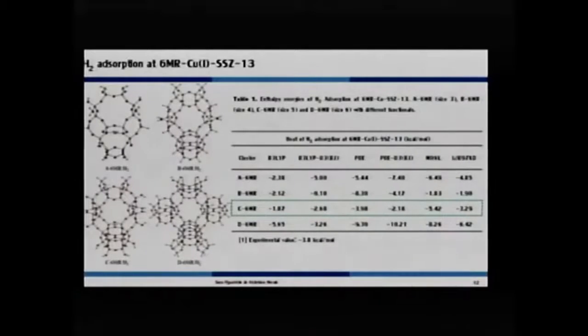The experimental value is 3.8, and we get the best results for the size 5 cluster. B3LYP was the best functional because it had fewer fluctuations in the heat of adsorption.